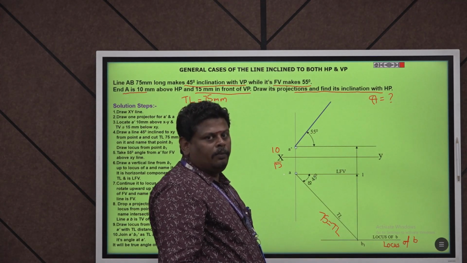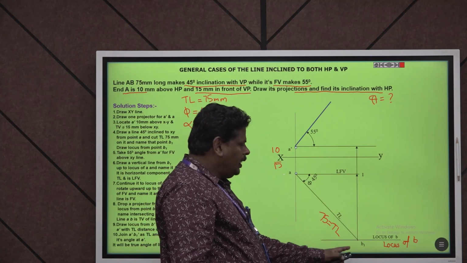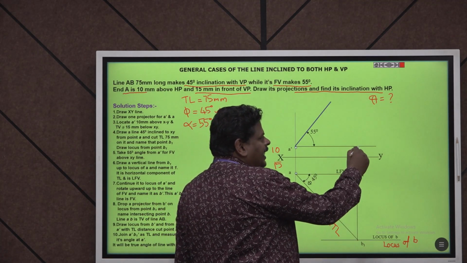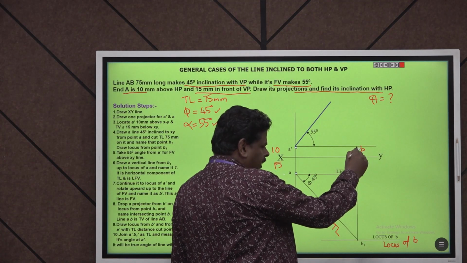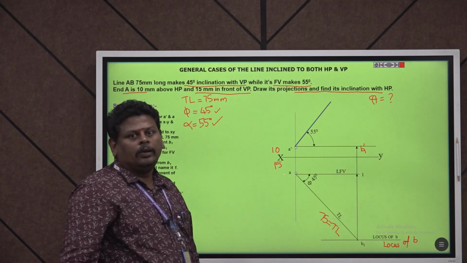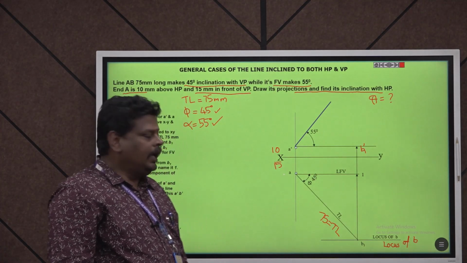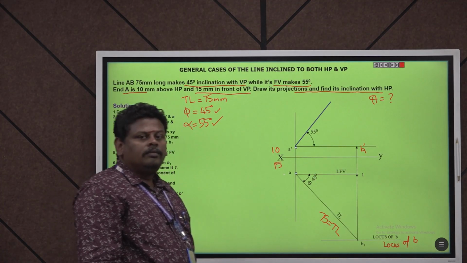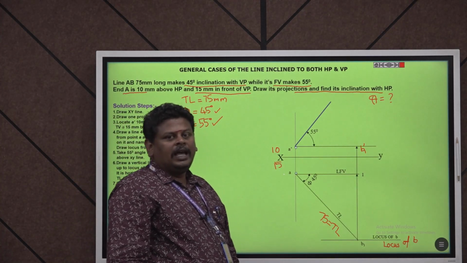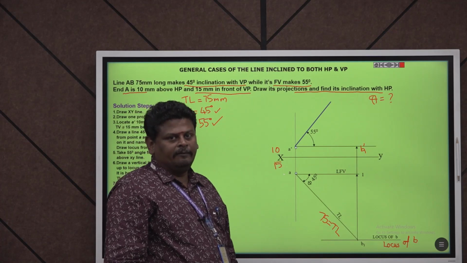From the point B1 you can draw a projection line until the locus of A dash, and there you can mark that point as B1 dash. And this will be the actual concept. A dash B1 dash is the line which we are getting here.